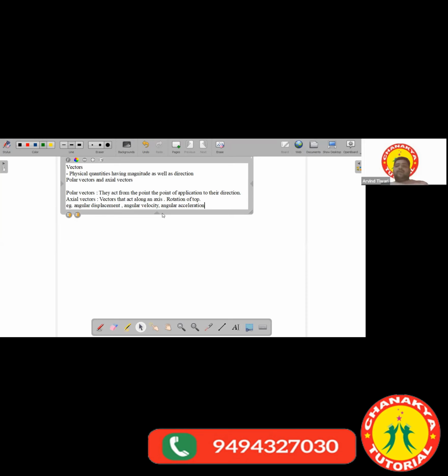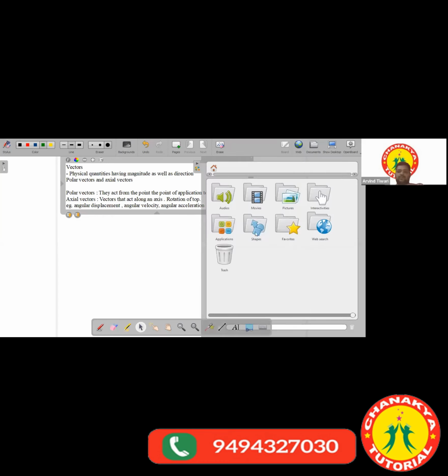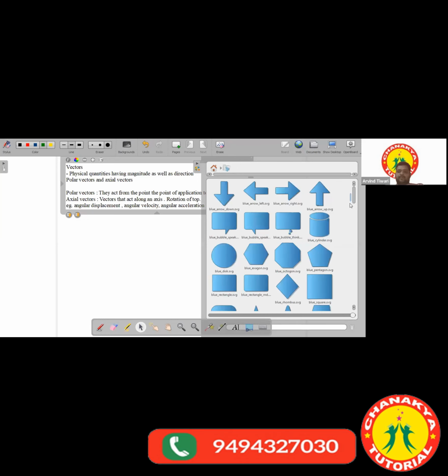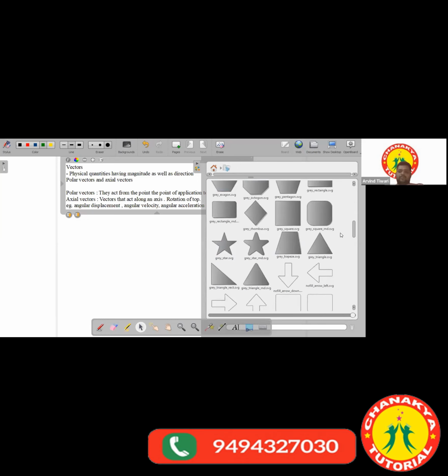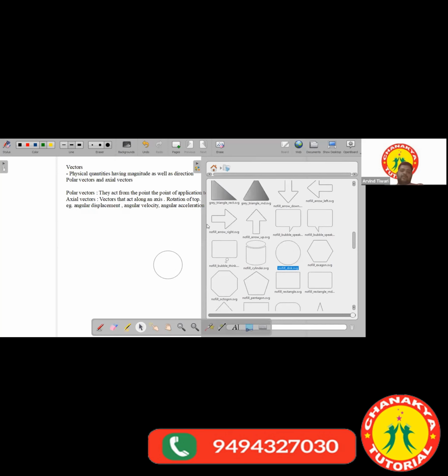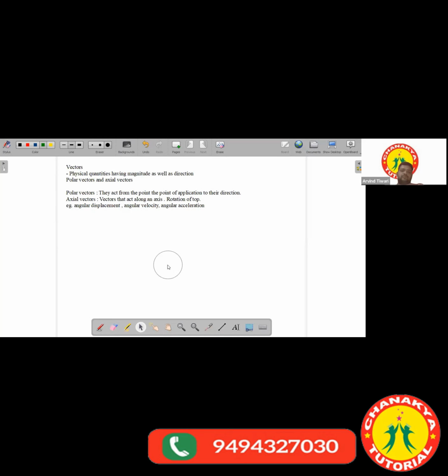Let's see. If an object is moving in a circle, here we have taken a circle, and let's say the object moves in this circle.